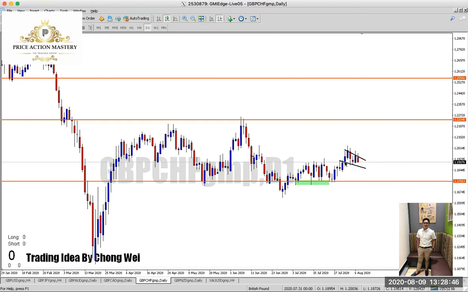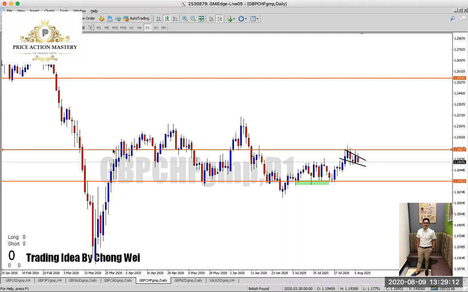What usually happens is the market advances, then corrects, and then advances again. So I will look for a cheap price to buy, and there's a high potential it will break out upside. Where I'm going to have my TP is mostly around this level.